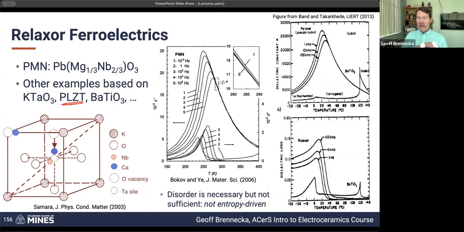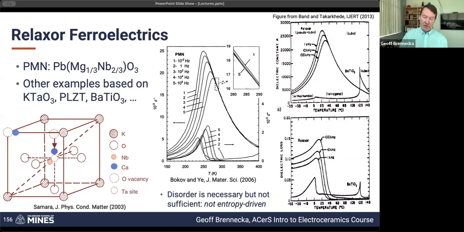But if we go down the lanthanide series, so if you're familiar with the lanthanide contraction, that means that as we add more and more electrons and protons to the lanthanides and go higher in atomic number, the ionic radius actually shrinks. And so if we're all the way on the lutetium side, lutetium wants to fit just on the B site, and lanthanum wants to fit just on the A site. And that means that somewhere in between there's going to be a lanthanide that is perfectly happy being on either one, equally happy being A site or B site.